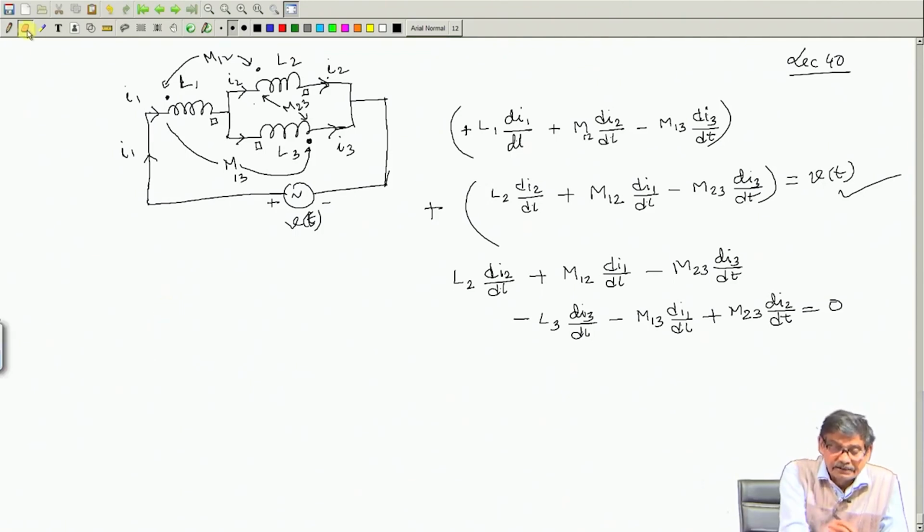For example, here the dot terminals were mentioned. What I am trying to tell, here the dot terminal is mentioned, but I3 direction is leaving the dot. You imagine minus I3 is entering, that is the variable M13 di1/dt, it will be plus.